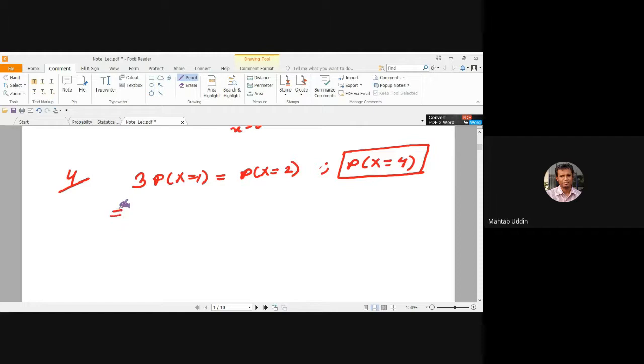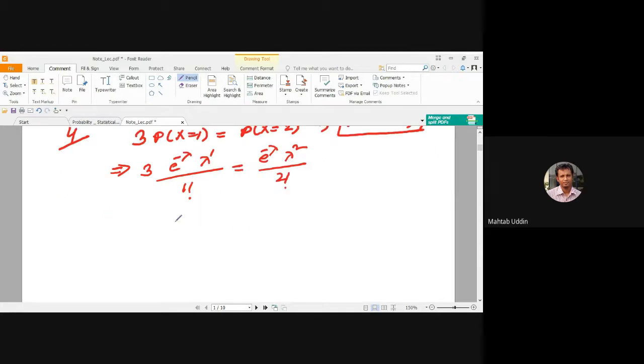Now given this, we can write 3 times e to the power minus lambda, lambda power 1 divided by 1 factorial, is equal to e to the power minus lambda, lambda square by 2 factorial. We don't know what lambda is. Now we can cancel e to the power minus lambda from both sides because it is not equal to 0. We will get 3 lambda equal to lambda square by 2.